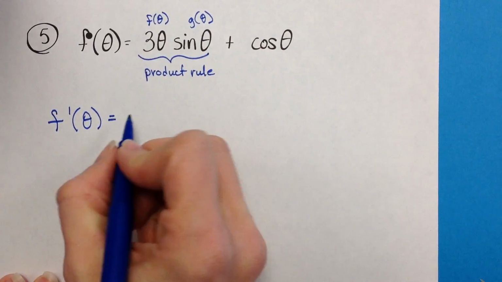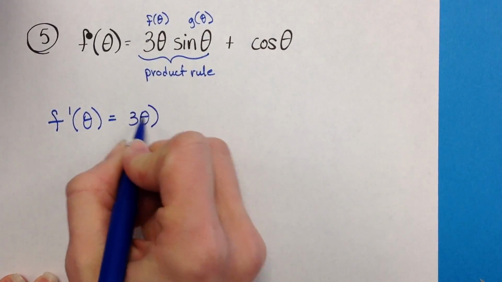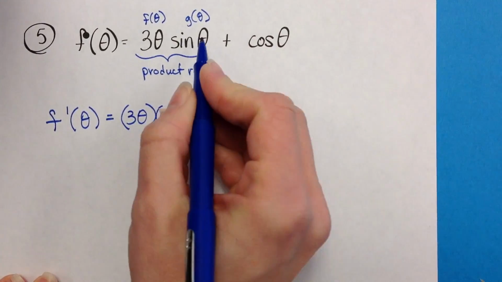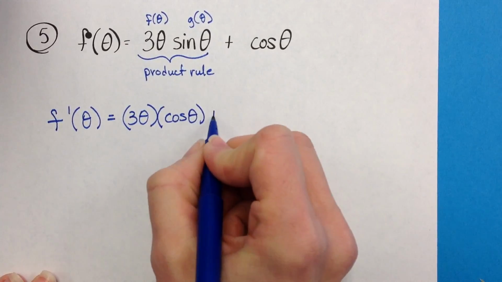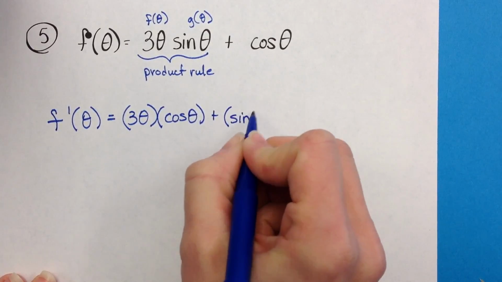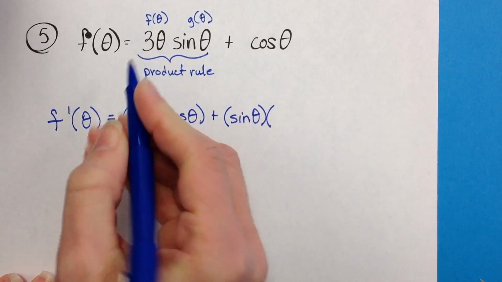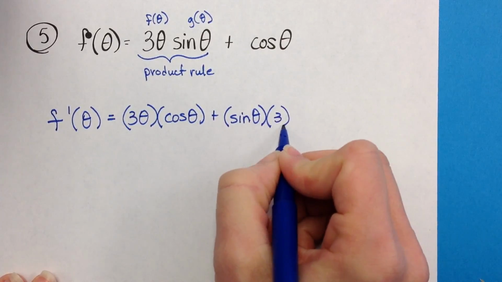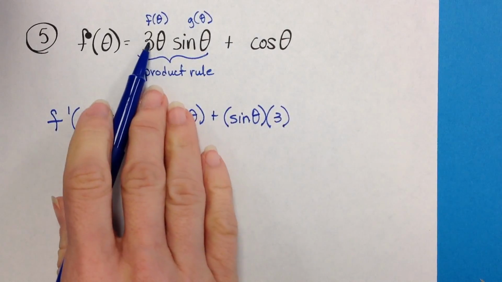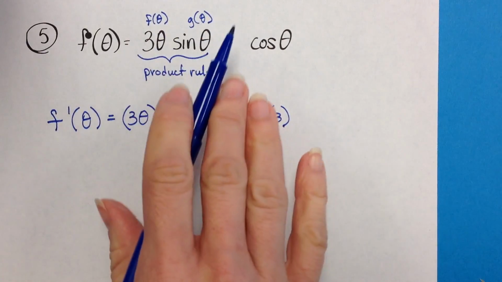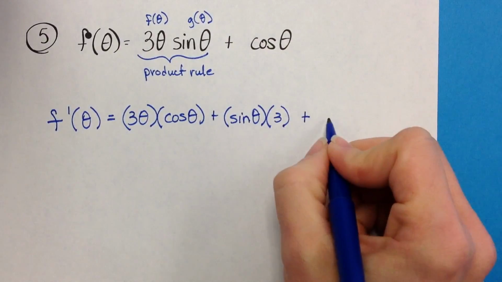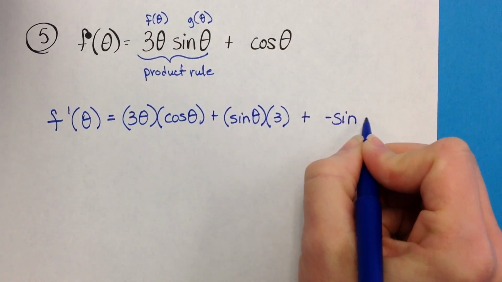Okay, so first function times the derivative of the second function, so the derivative of sine is cosine, plus second function times the derivative of the first function, so the derivative of 3 theta would just be 3. Now you're done with the product rule, which is this. So now we have our addition, and now we take the derivative of cosine, which is negative sine.